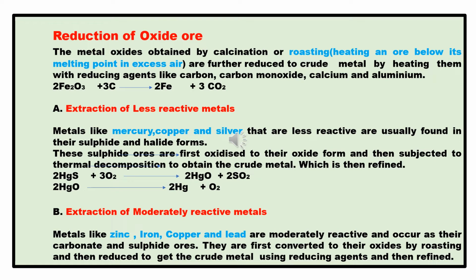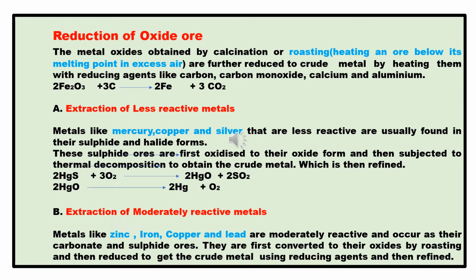So, as I told earlier, some of the metals are present in their sulfide or halide forms. So, which are those metals? Those metals are mercury, copper, and silver.